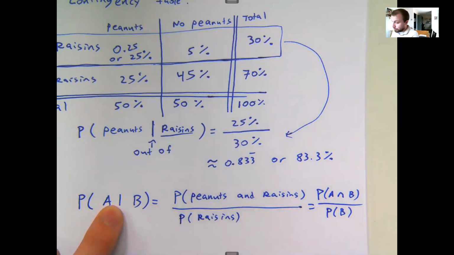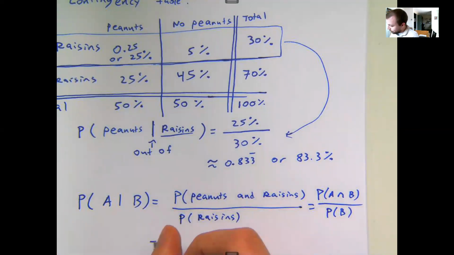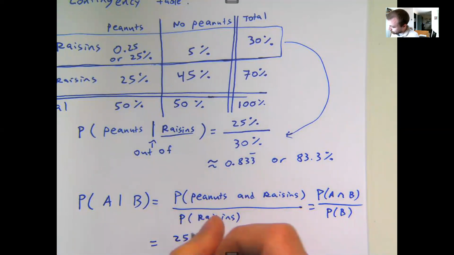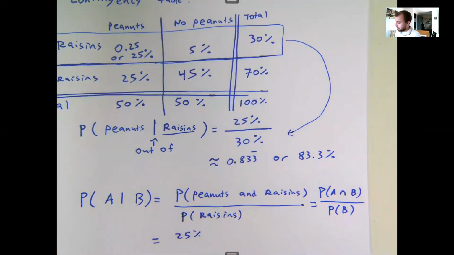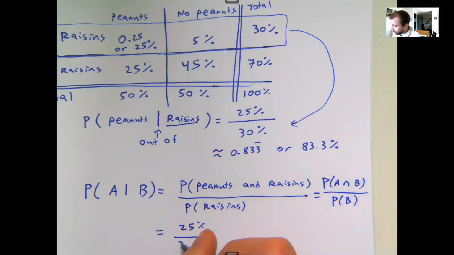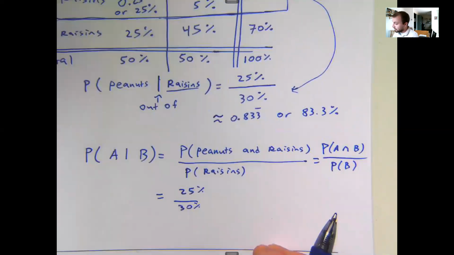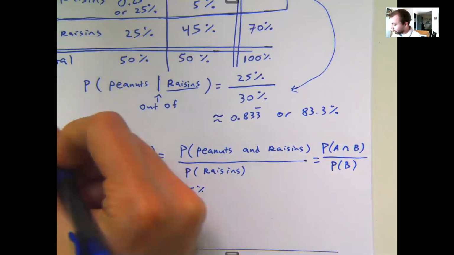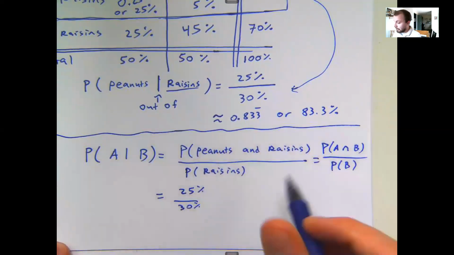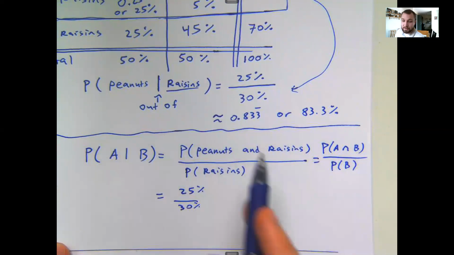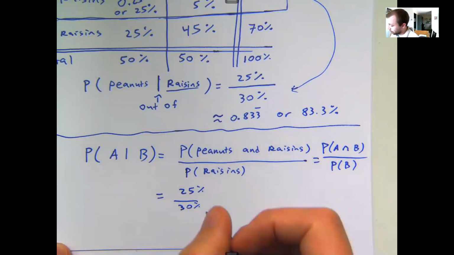Reading through the problem or just looking at the table, we see that 25% have peanuts and raisins. We see that 30% have just raisins. I'm getting exactly the same value here, except if I'm comfortable with this formula, I don't even need to use the table. I can just read the problem and see these results.